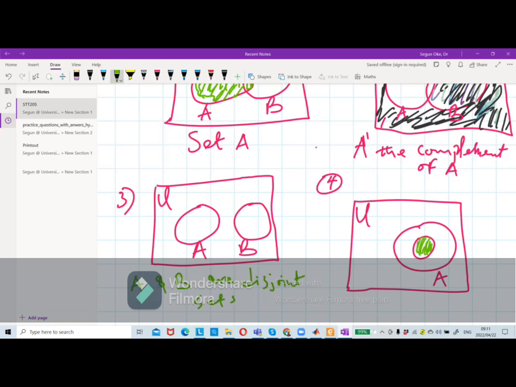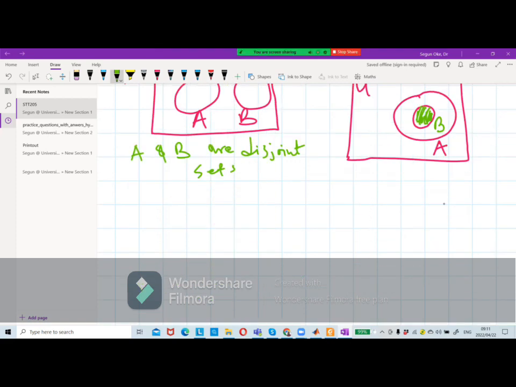This is B. The B is a proper subset. This B is contained in A. B contained in A, that is a subset of A. Subset of A. So proceed by saying number 5.